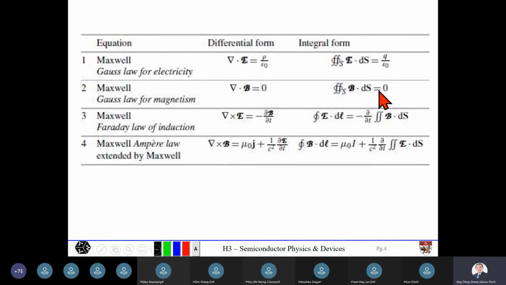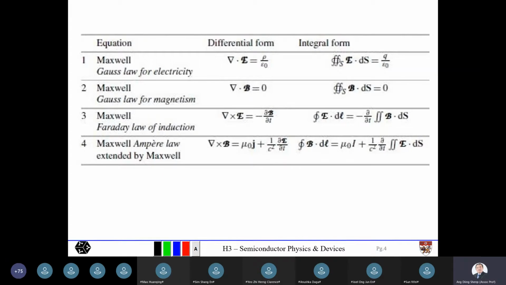The reason is that magnets do not exist as monopoles. A magnet always exists as a dipole, in other words, it always has a north and a south pole.